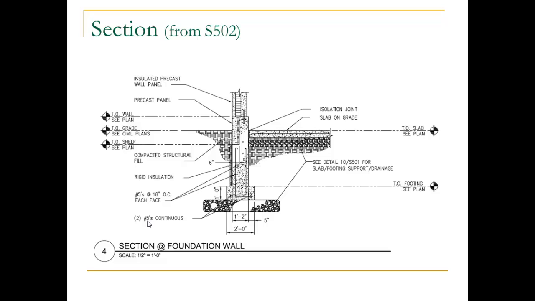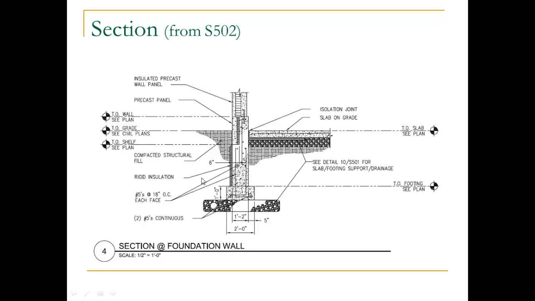So a number 5 rebar, the diameter in 1/8 of an inch, would be 5/8 inch diameter reinforcing steel, continuous, meaning I've got 2 lines of rebar running continuously around this entire footing. We have number 5s at 18 inches on center each face. So in other words, they're going to go vertical 18 inches on center and horizontal 18 inches on center on both sides of the foundation wall.